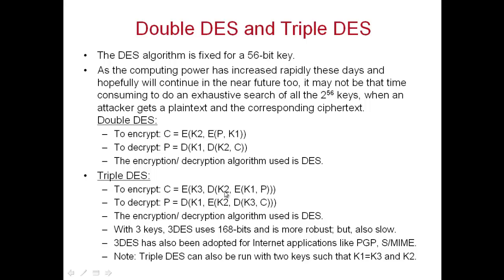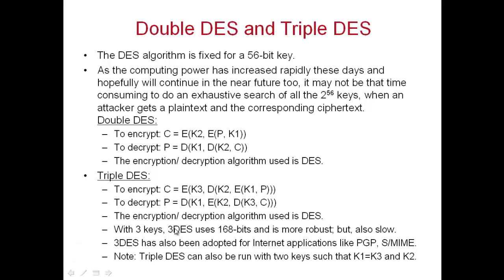You don't go from round 1, 2, 3 up to 16. You go from the bottom to top. So that's why I say D of K2. You go from round 16, 15, 14, and so on. And then whatever comes out of that, you again go from top to bottom, round 1, 2, 3, with DES encryption with key K3.